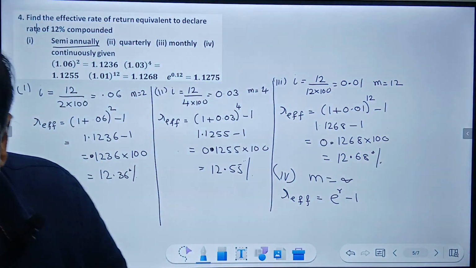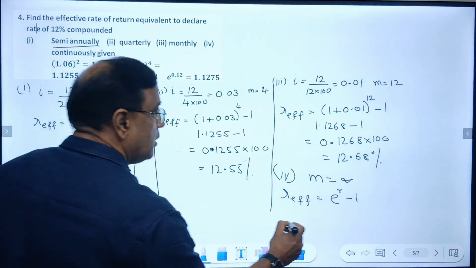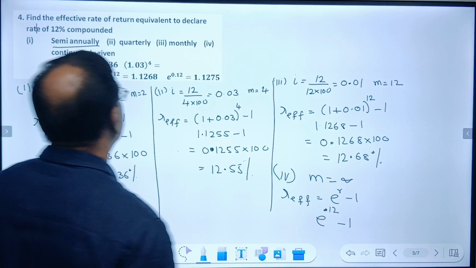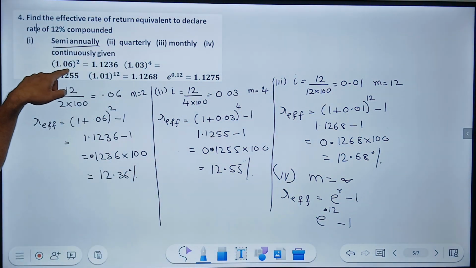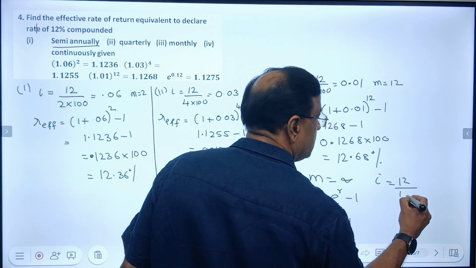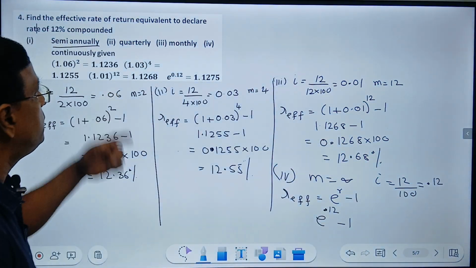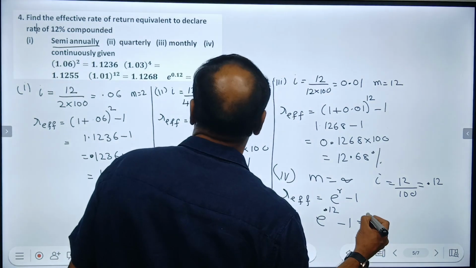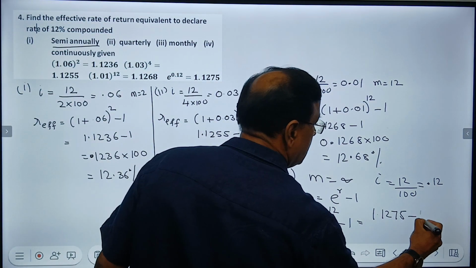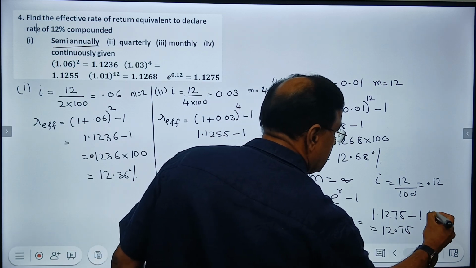Now what is e power R? e power 0.12 minus 1, where R is 12 divided by 100, which is 0.12. Now the value is given. It is 1.1275 minus 1, which is 12.75% if you multiply it by 100.